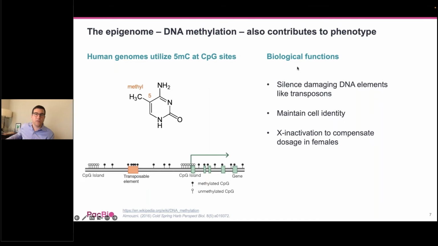So the functions of DNA methylation include silencing damaging DNA elements like transposons. It's also key to maintaining cell identity, where daughter cells inherit the epigenetics of their parent cell and thus have the same cell identity. It's also key to X inactivation for dosage compensation in females.